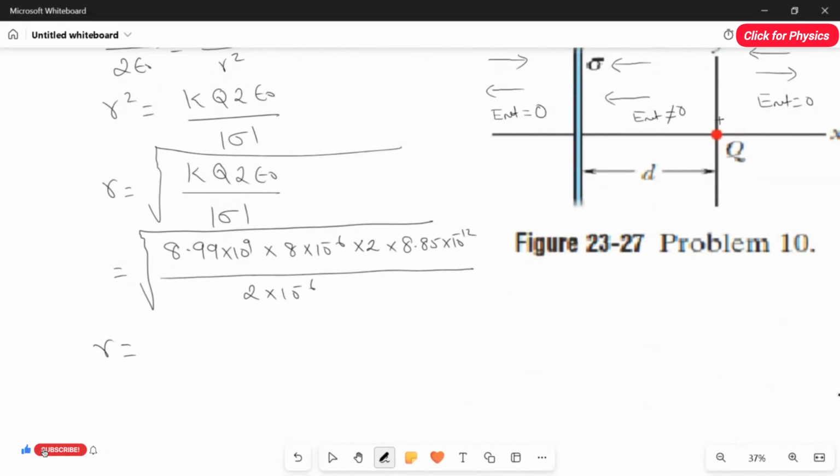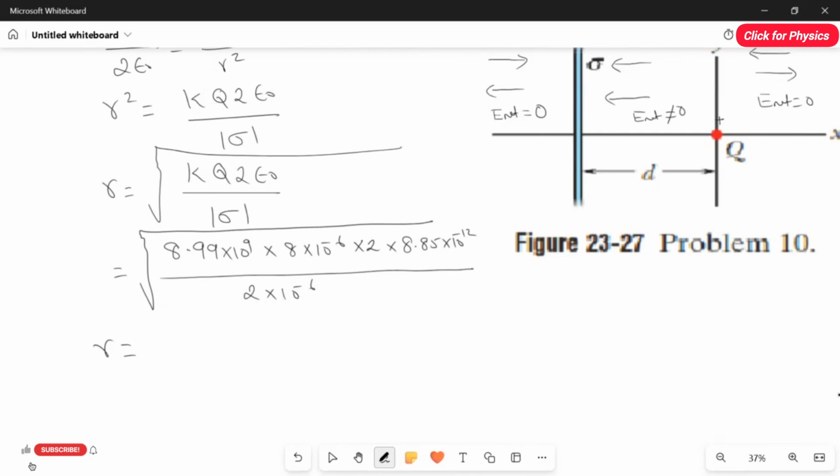So let's see what the value of R is. The square root of 8.99 times 10 to the power of 9, multiplied by 8 times 10 to the power of minus 6, multiplied by 2, multiplied by 8.85 times 10 to the power of minus 12, over 2 times 10 to the power of minus 6.